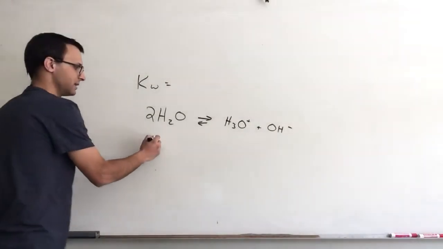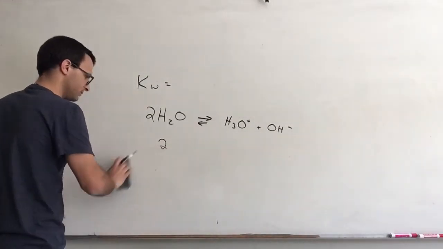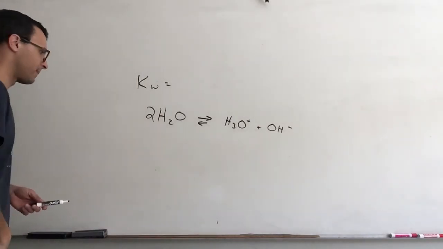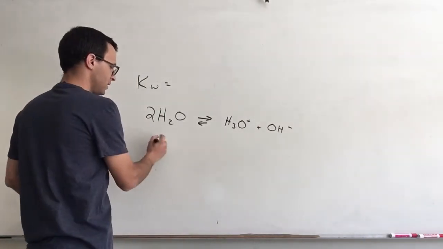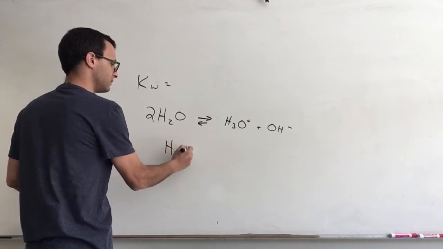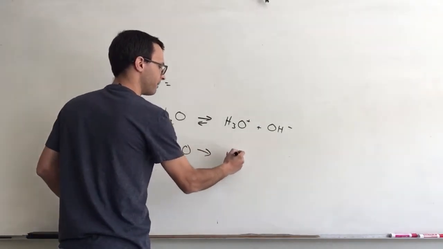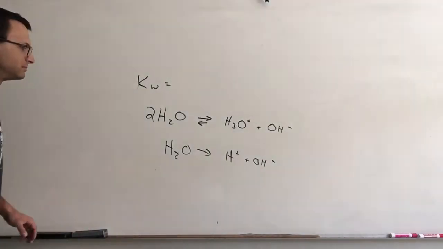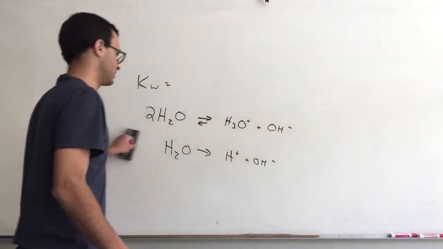You can also write it like this, or like this, and it'll give you the exact same unit and value. Okay, so I'm going to keep it like this right now.